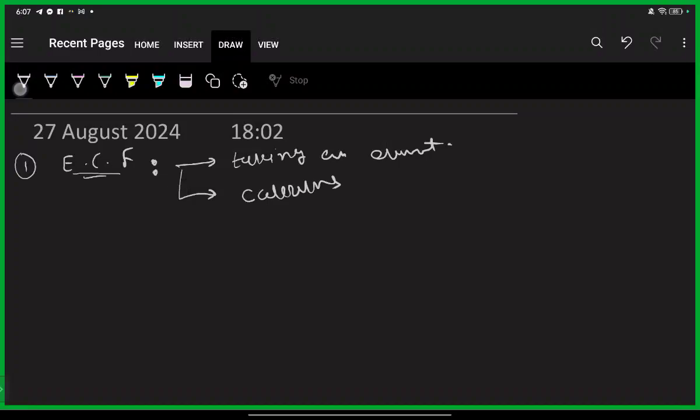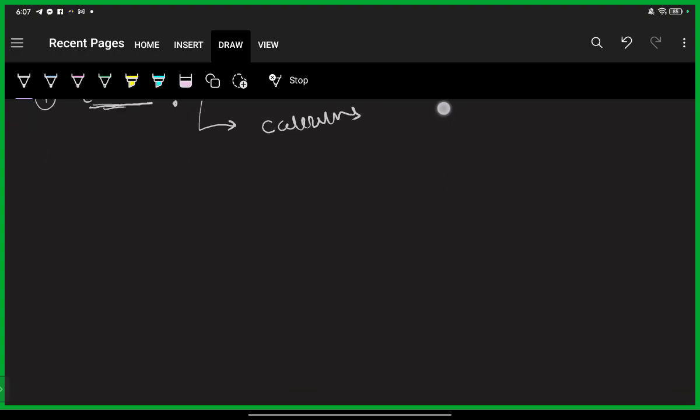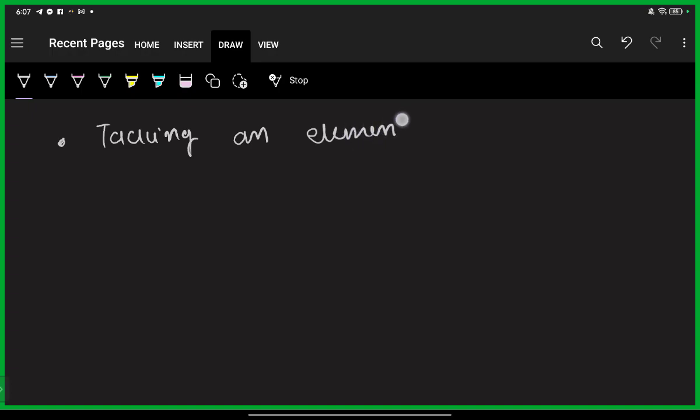So how to take an element? For this chapter, electric charges and field, and also for whole electrostatics, this method, taking an element, is very useful.